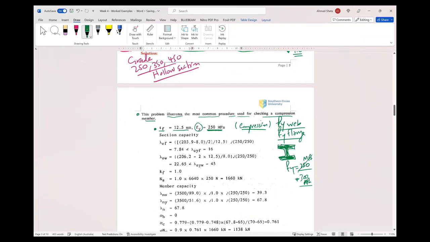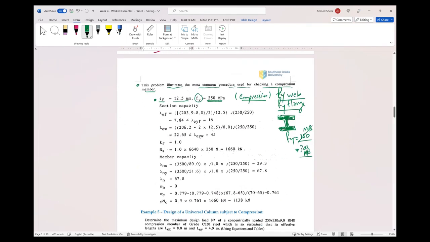Here we will go through the procedure. For the section properties, we need to know if the section is compact or slender. So we need to calculate lambda effective for flange and lambda effective for web. Here is lambda effective for flange.